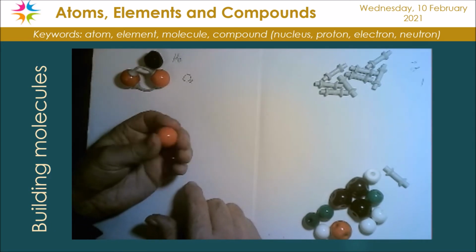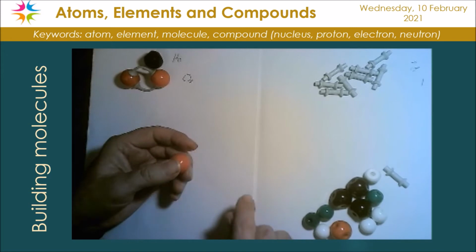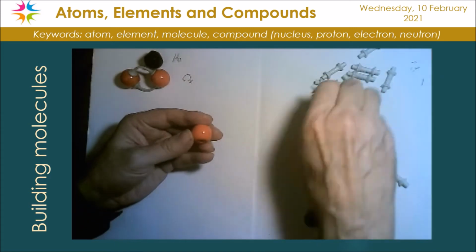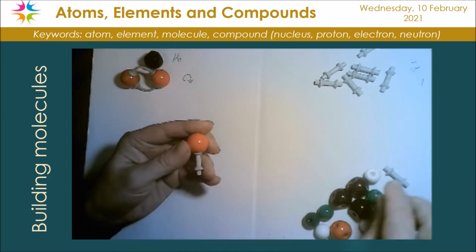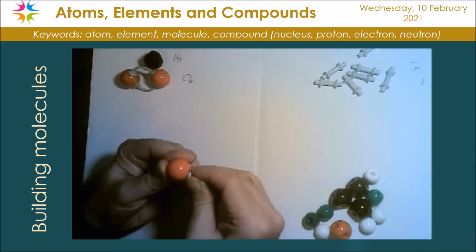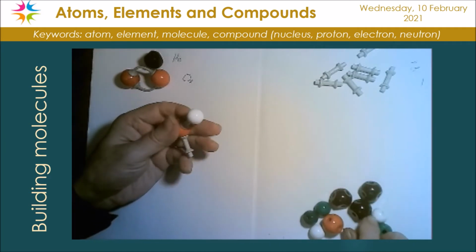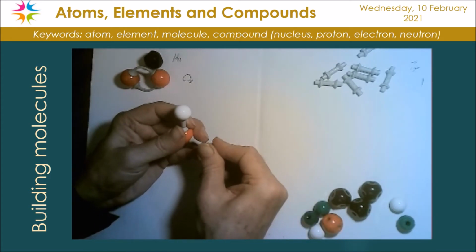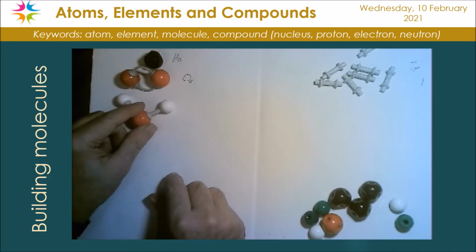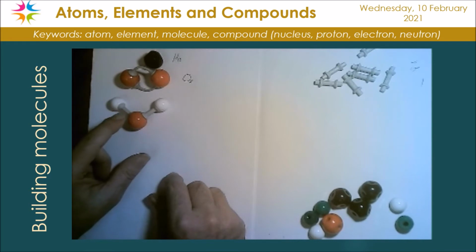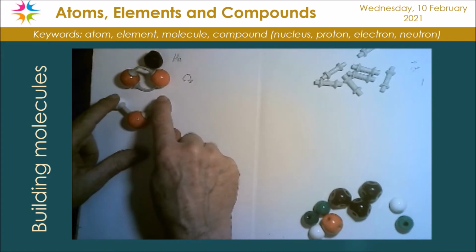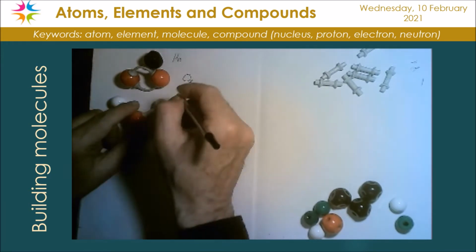Remember, oxygen atoms are not red, they have no color. Helium atoms aren't black, but I'm going to just use the colors to help me remember what I'm building. So that's the oxygen, and I'm going to add 2 H's. So there I have O and 2 H's, H2O.